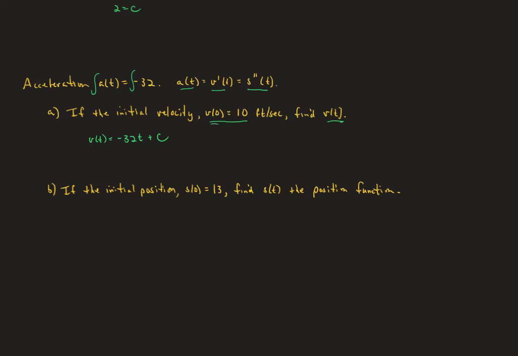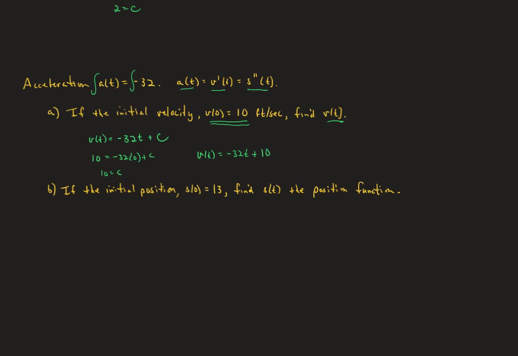We're going to plug in 0 for t and 10 for v and solve for the c. So we'll get negative 32 times 0 plus c. So that tells us that c is 10. And so v of t is going to now be negative 32t plus 10.